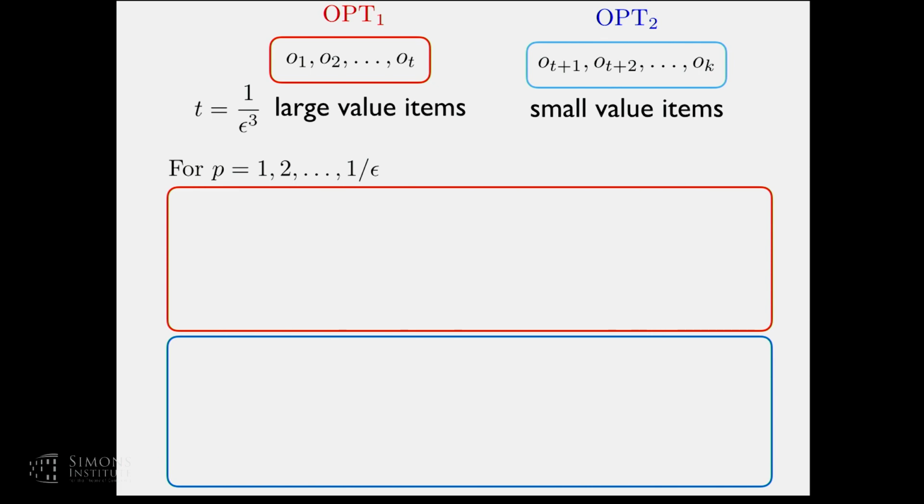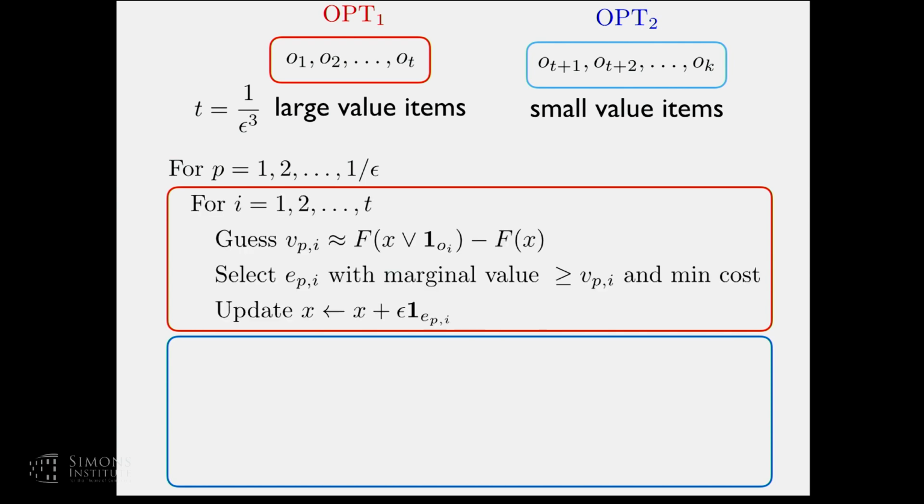The first part of the algorithm is trying to get items that are comparable in value to OPT 1. So specifically, what do we do? For each of the items in OPT 1, remember we have 1 over epsilon cubed of them, we can afford to approximately guess the marginal gain of that item on top of our current fractional solution.